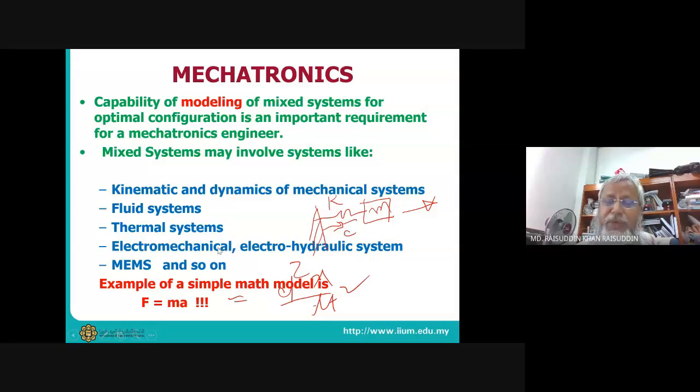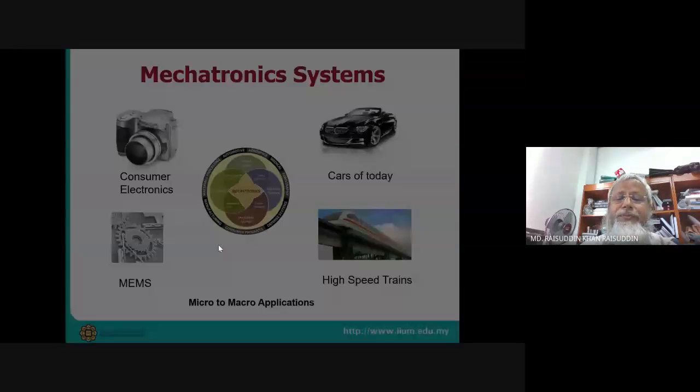We have to run the electrical motors, so we have the electrical system, and an electro-hydraulic system. Basically, for cooling purposes, we are sending the liquid into the system. So those are electro-hydraulic systems. So you can see how involved mechatronics systems are.